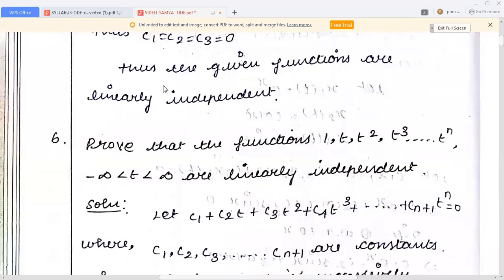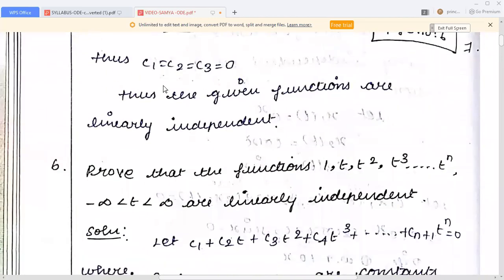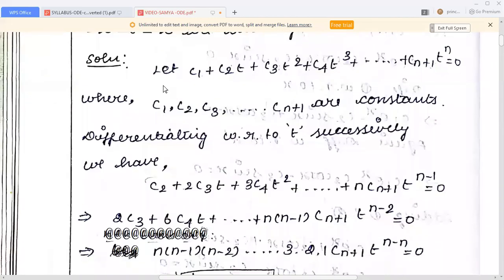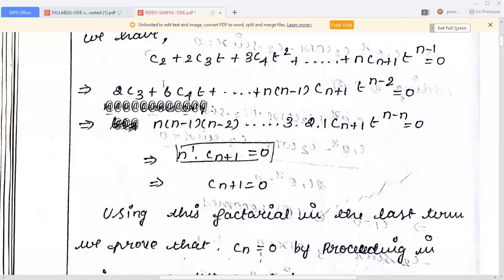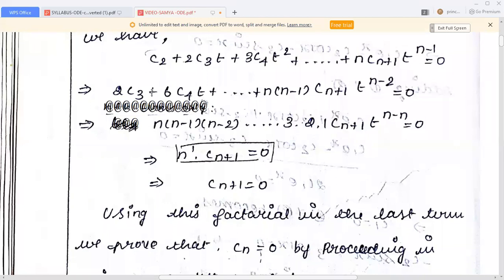So here there are n plus 1 functions. Therefore, we can differentiate the linear combination n times. Then if you differentiate the second time, we get 2C3 plus 6C4 into t plus etc. n into n minus 1 into Cn plus 1 into t power n minus 2 equal to 0.